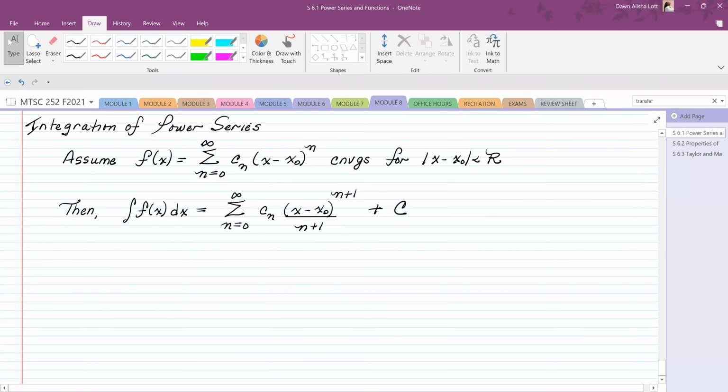So if I give you, for an example, the first 5 terms of the secant of x.